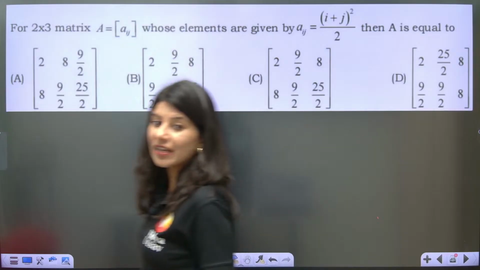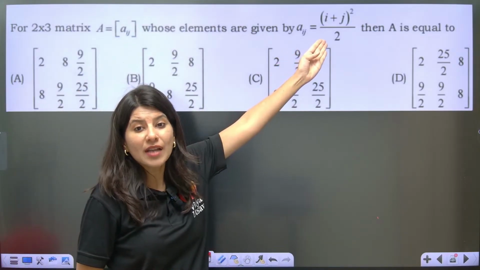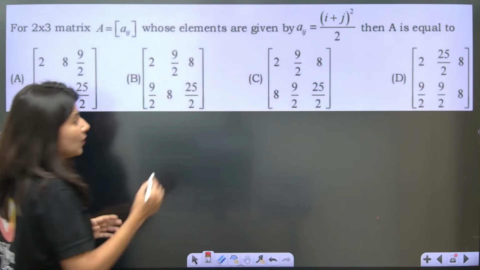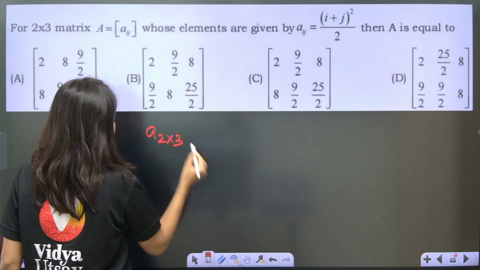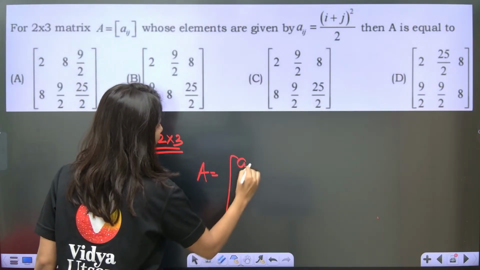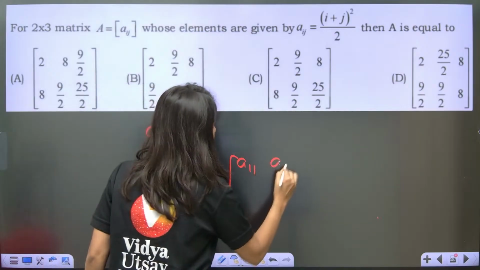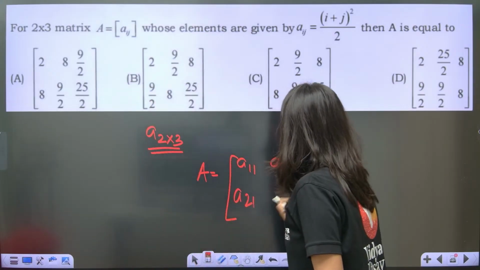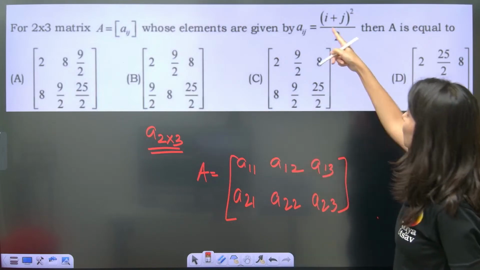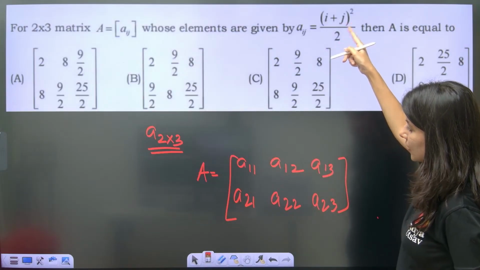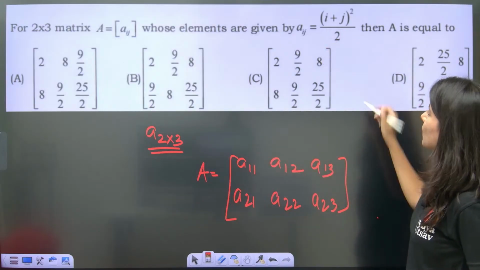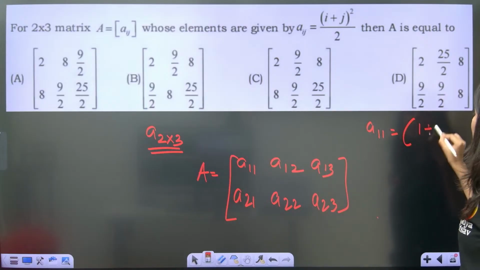Now, this is a matrix where you have to form the matrix using this formula. Aij is given by this formula. A 2 cross 3 matrix you need to plot. So, A is equal to A11, A12, A13, A21, A22, A23, that means 2 rows and 3 columns. Now, if you put i and j both 1, 1, can anybody tell me 1 plus 1 whole square by 2?